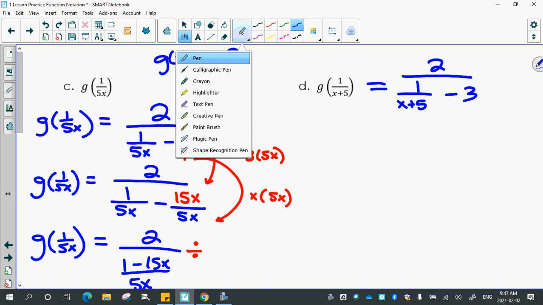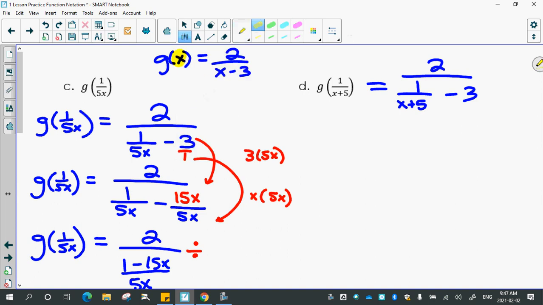So replace x with 1 over x plus 5. That's just using the function notation. Now I have a 3-layer fraction, and that can't be my answer.